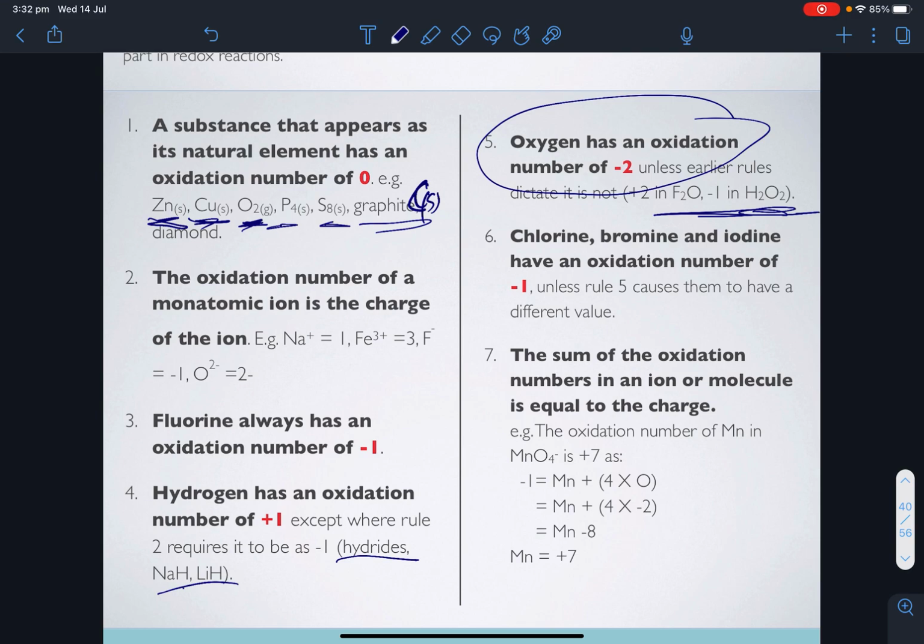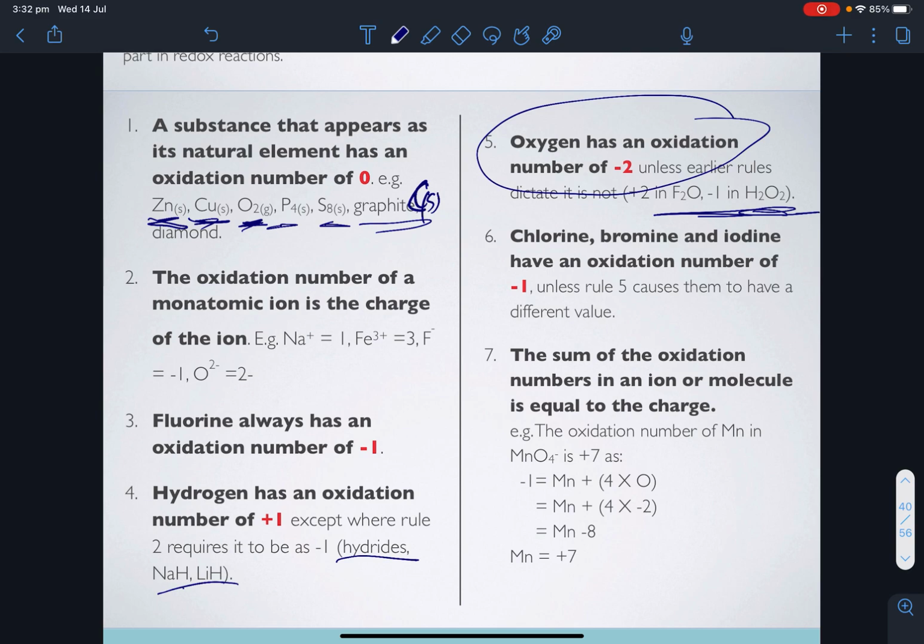Okay, here's the big one. If we're talking about a molecule or a polyatomic ion, the sum of the oxidation numbers of its individual elements is equal to the charge. Okay? Words. Here we go.